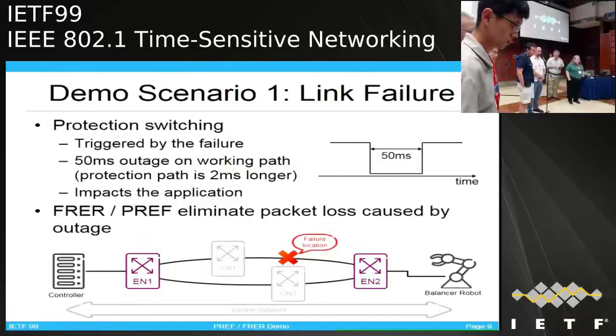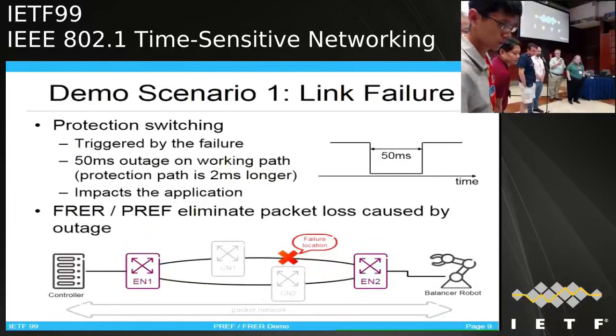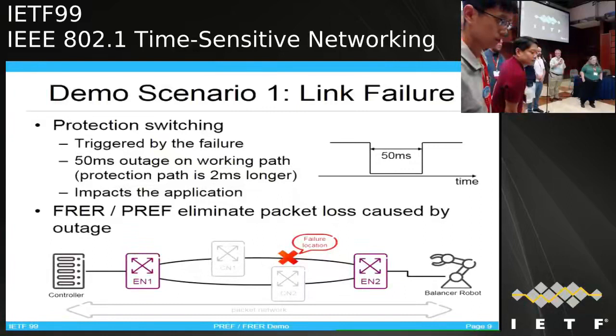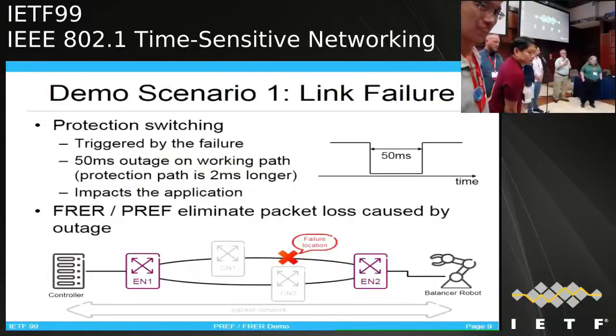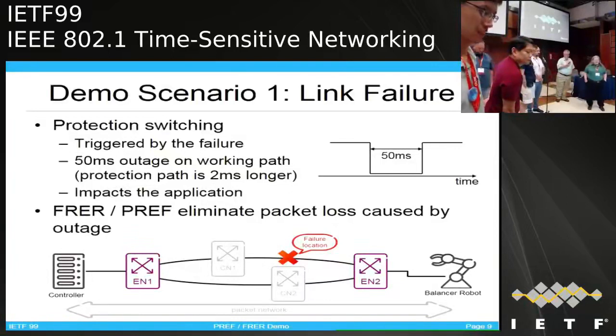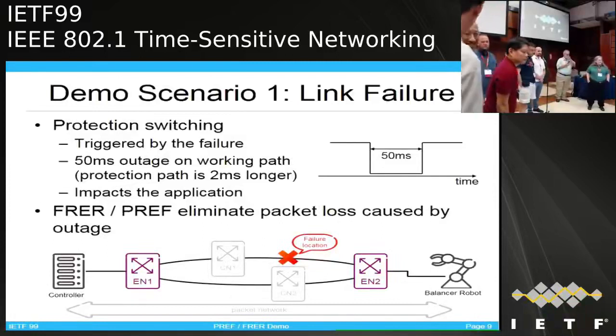At the end, we will see the physical link unplugging. It's easier for the demo for now to have a software link cut as illustrated in the figure. And this was the 50 millisecond failover time. I guess 3 or 4 packets have been lost. That was too much for the balancing logic.